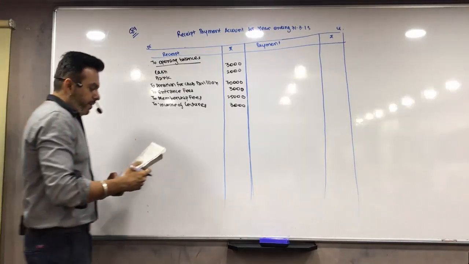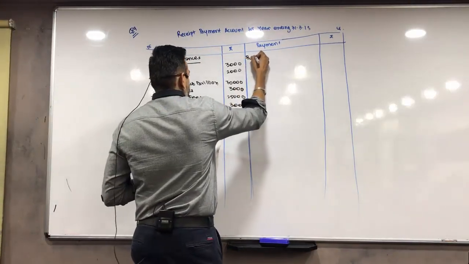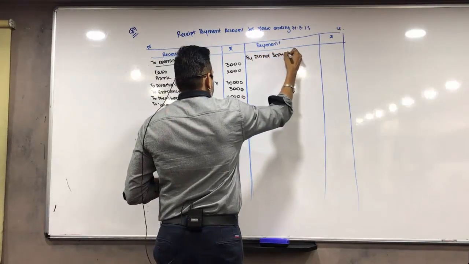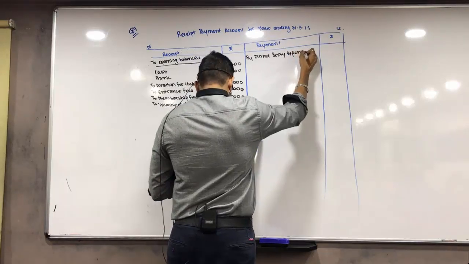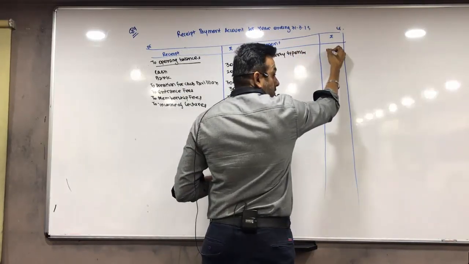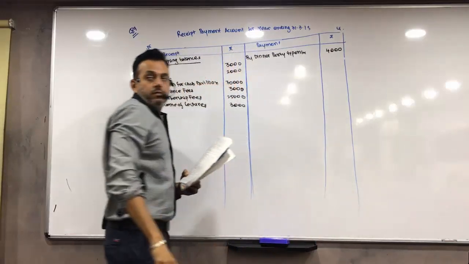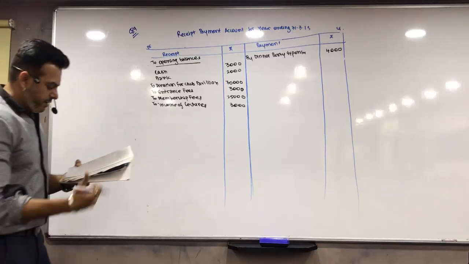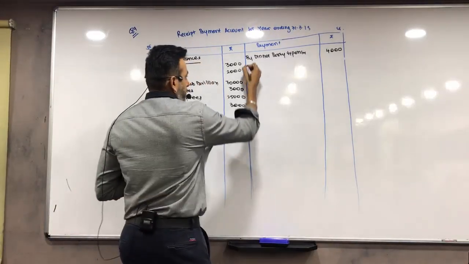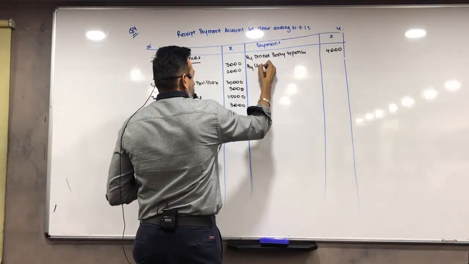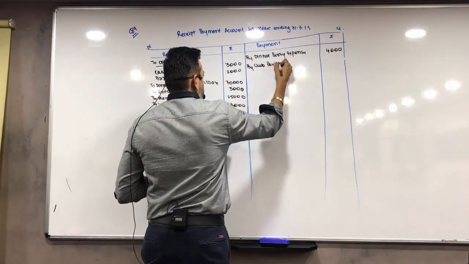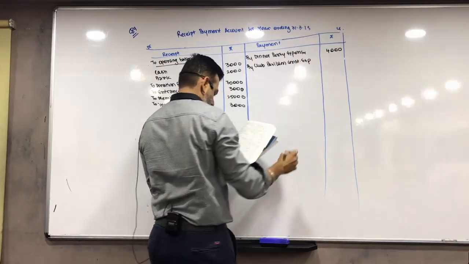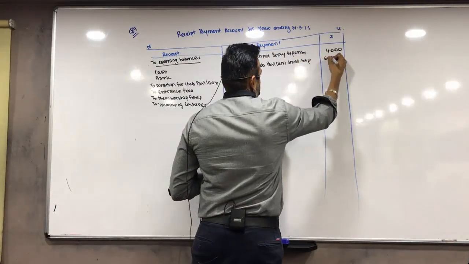Dinner party expense by dinner party expense 4,000. Club Pavilion construction expense by Club Pavilion construction expense 60,000.